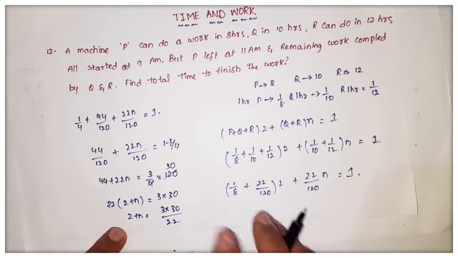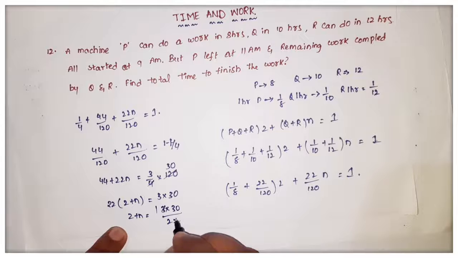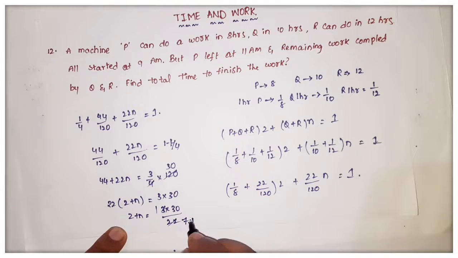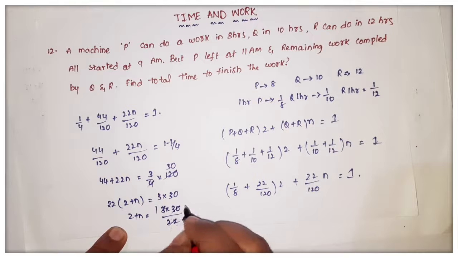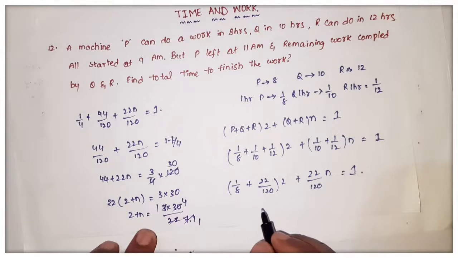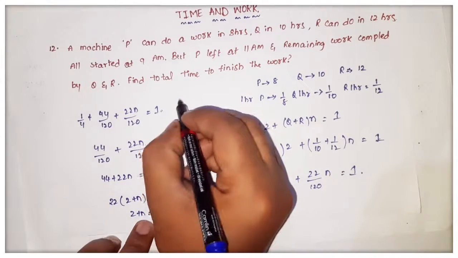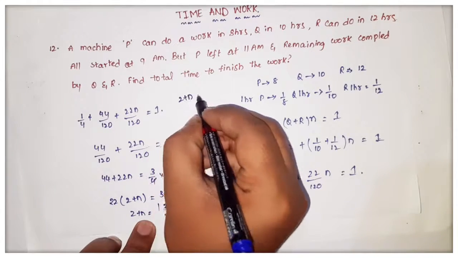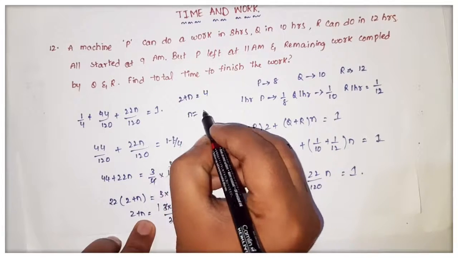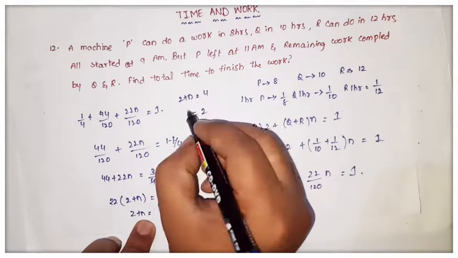Let us calculate approximately. 3 ones are 3, 7 point something, and 7 fours are 28. So the answer will be 2 plus N equal to 4, N equal to 2.